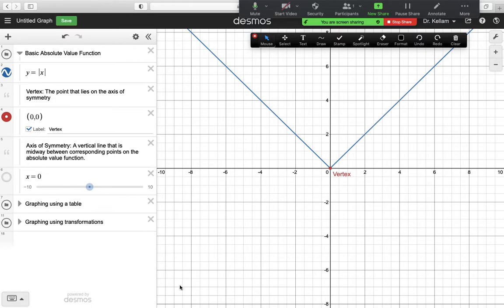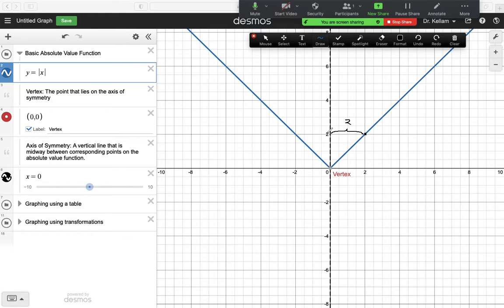So if the absolute value function was reflected, it would be when it goes from having a positive slope to a negative slope. It is the point that is on the axis of symmetry. And here's the important bit about the axis of symmetry. If I take any point on my absolute value graph, so that point, this distance here is 2.